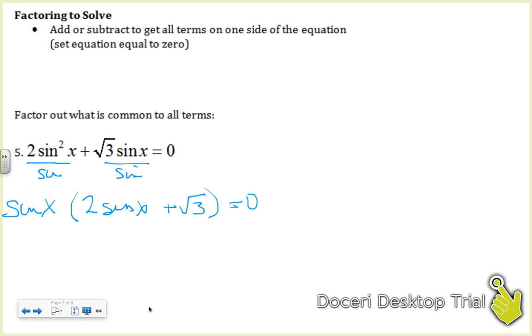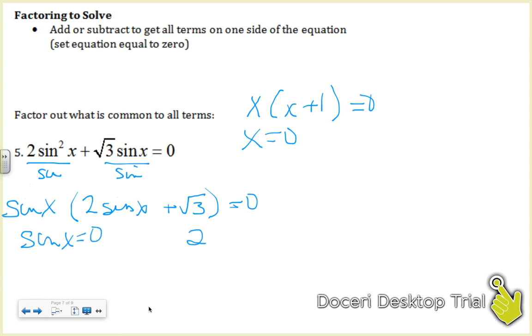And then this is just like the zero product law, or property, in which you set each of these equal to 0 and solve. So I'm going to do the same concept here. I'm going to figure out when is sine equal to 0, and I'm actually going to figure this value out first. So I'm going to subtract square root of 3.